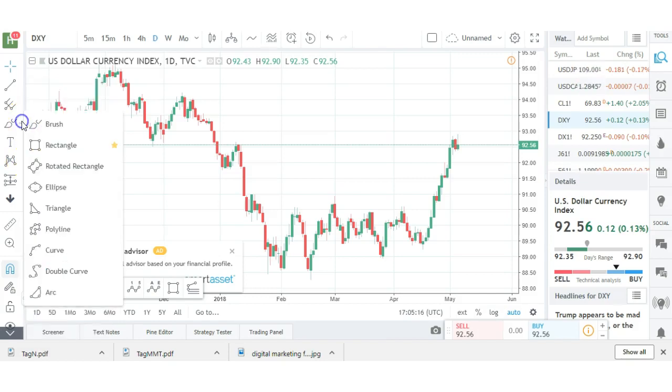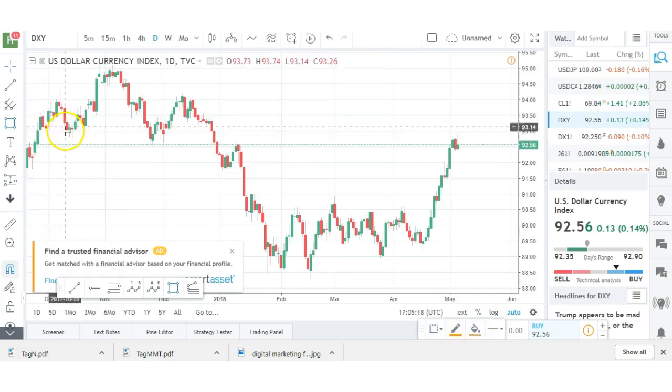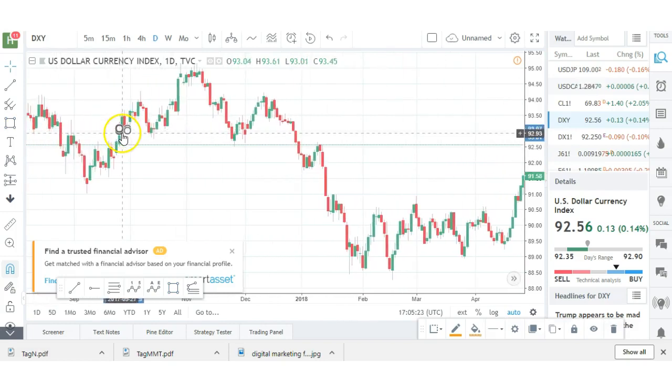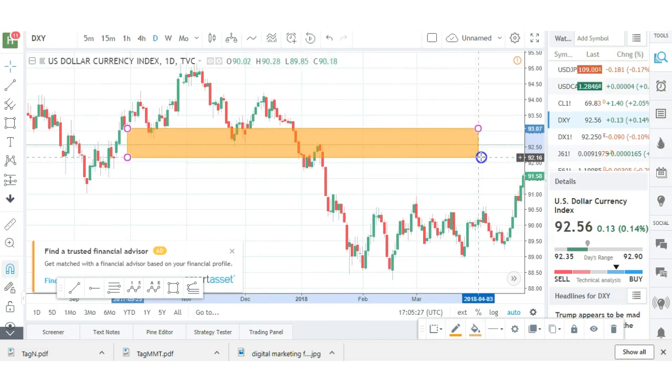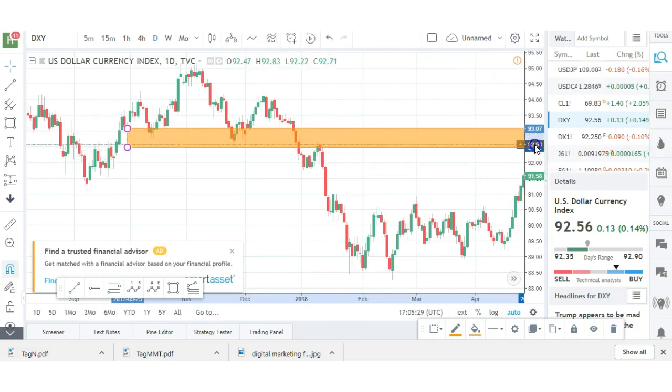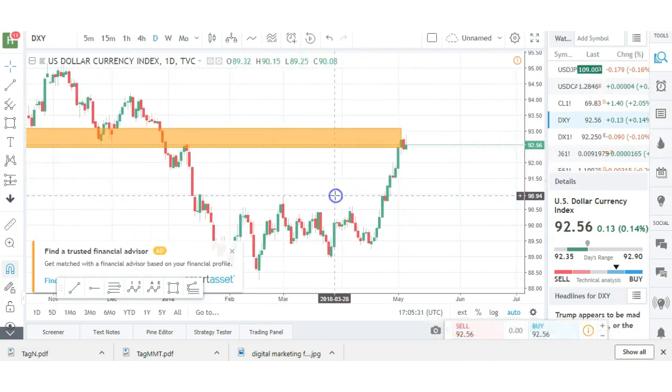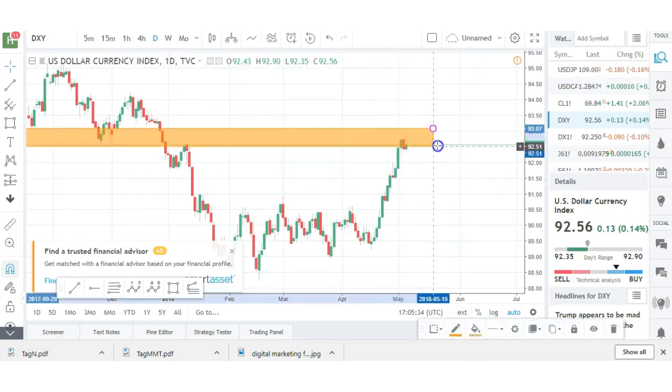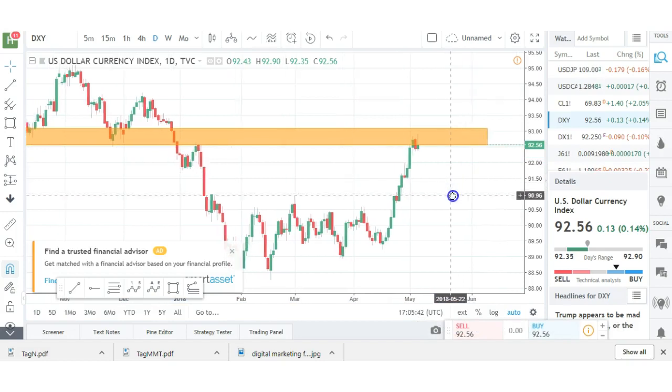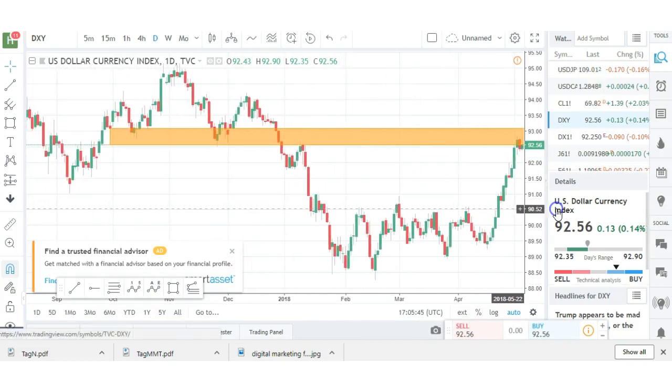So what I would do here, I see something where we are. Let's just draw this level out. Draw it out here, and this is where we are now. We are in a critical zone here. Okay, this is not with any fibs or anything of that nature.